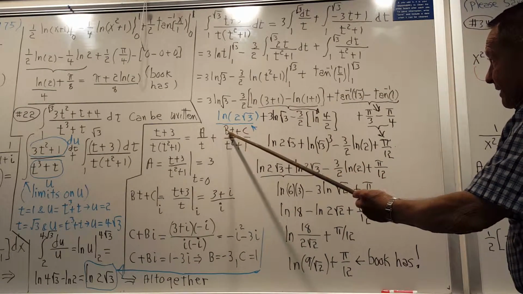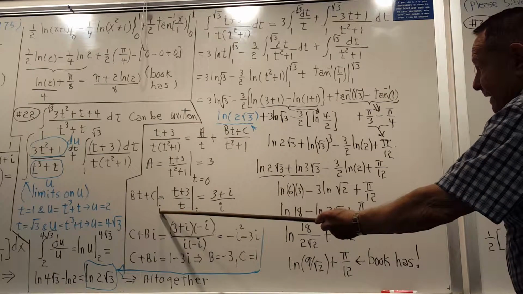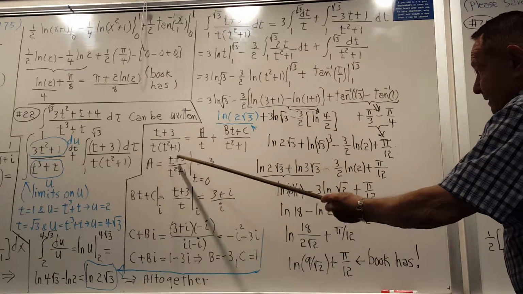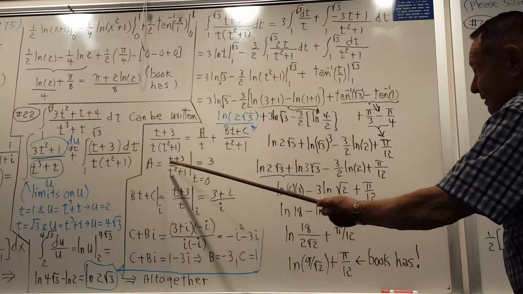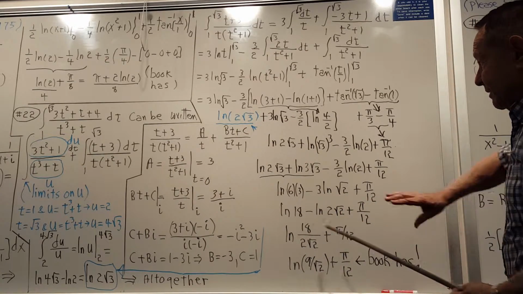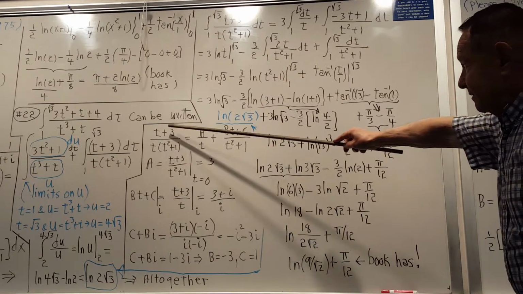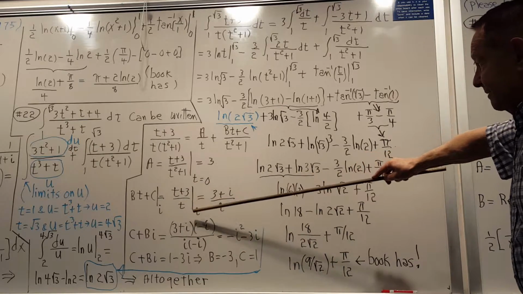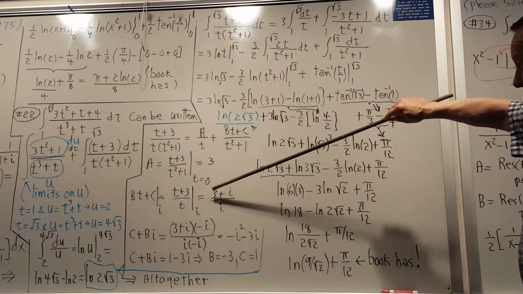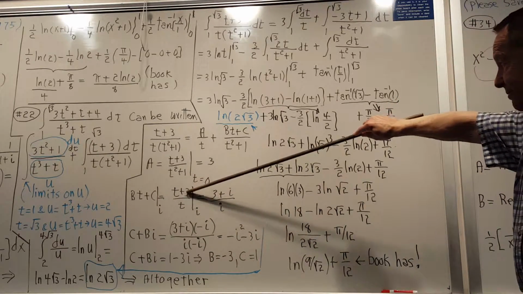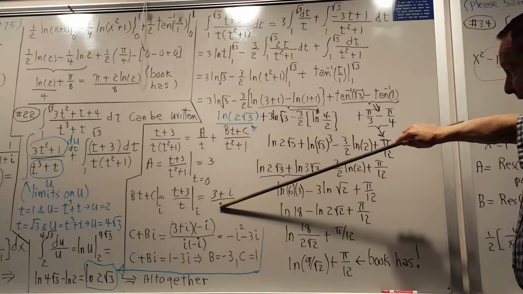So bt plus c at i would be the value of the residue (t plus 3) over t at i. So that would be (3 plus i) over i.